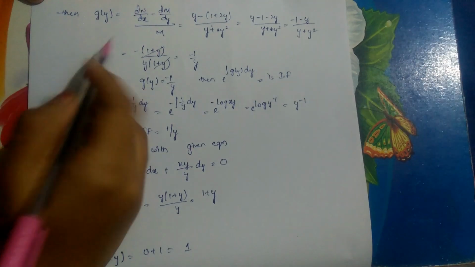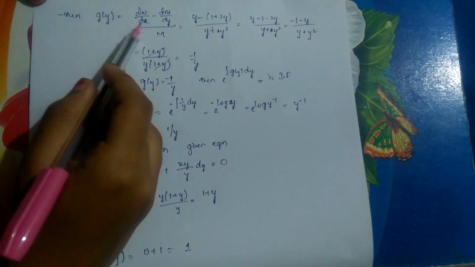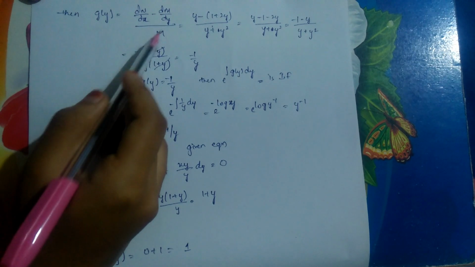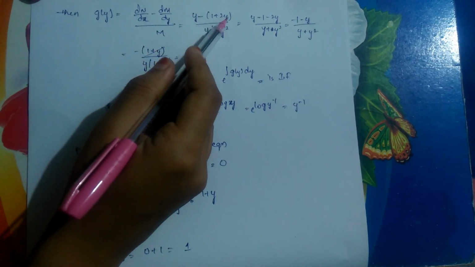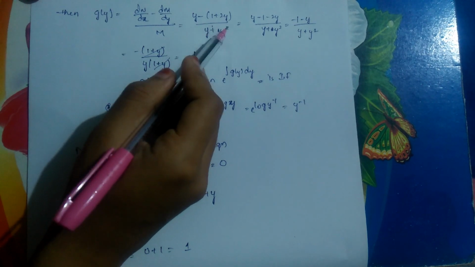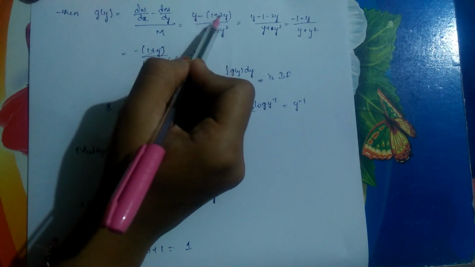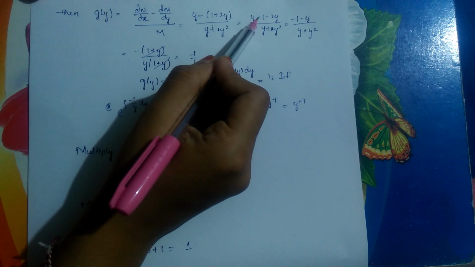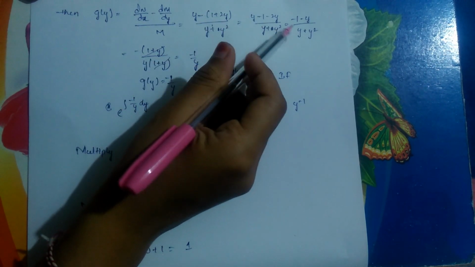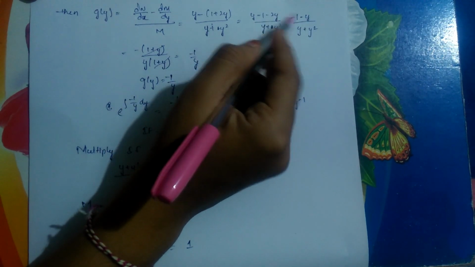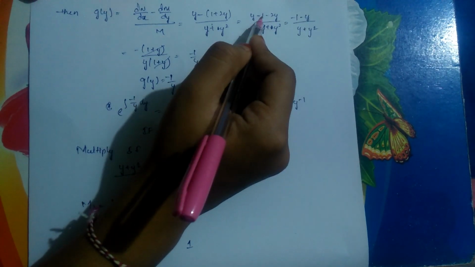So then g of y is equal to (dou N by dou x minus dou M by dou y) divided by M, that equals (y minus (1 plus 2y)) divided by (y plus y square). So multiply this minus inside the bracket, then y minus 1 minus 2y divided by y plus y square, that equals y minus 2y is minus y, and here minus 1 is there.